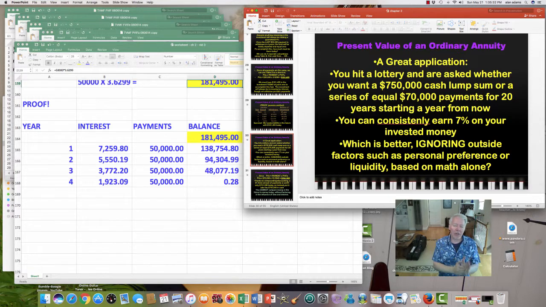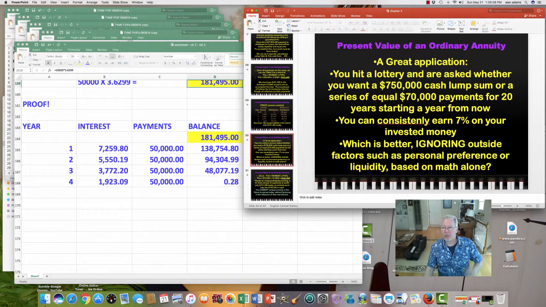Can you compare money today to money in the future? No, you can't. They are unlike variables. So to make a valid decision about the lottery, you've got to be able to take all those future payments, discount them to today, and then say how much does that compare to versus the cash amount that they're trying to make me take. Okay?